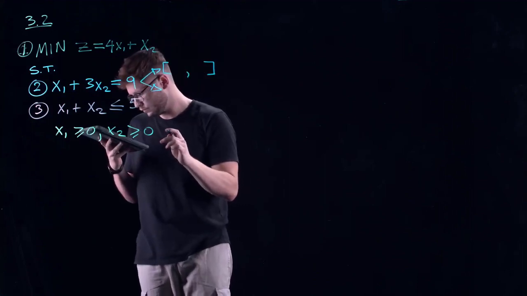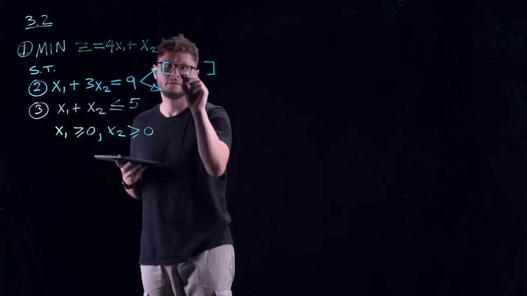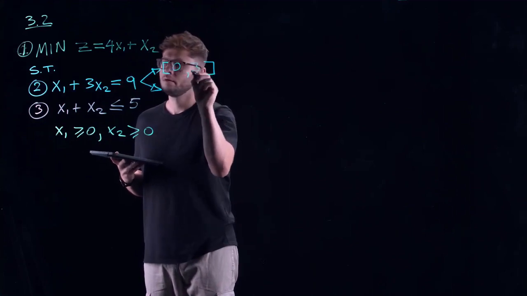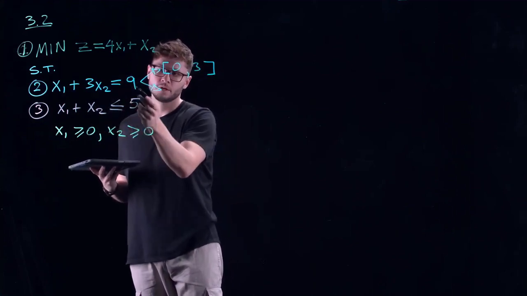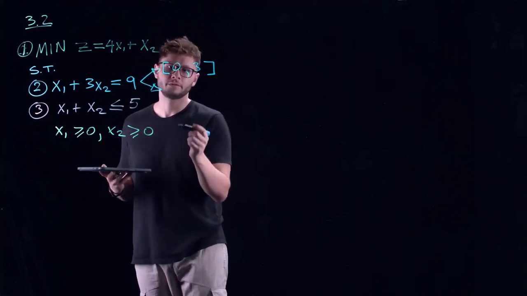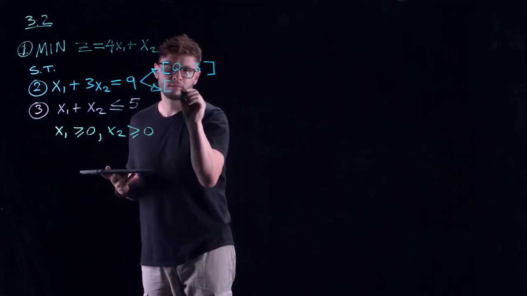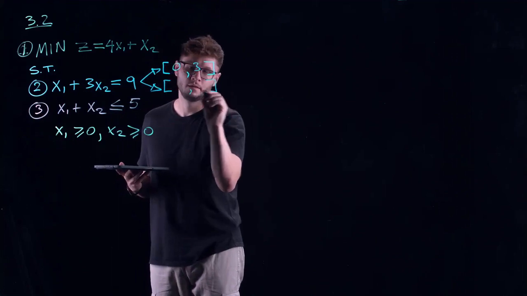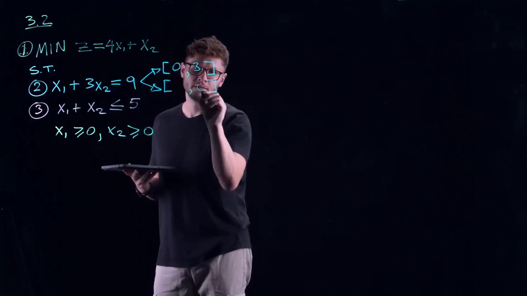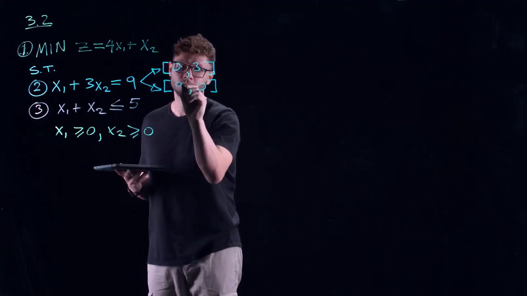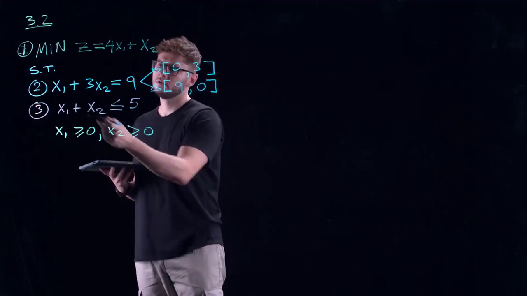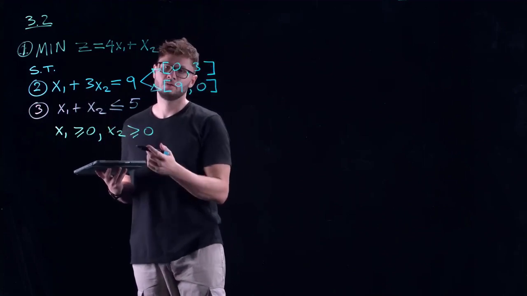The first point will be 0 and 3, because if x1 equals 0, then x2 is going to be 9 over 3, which equals 3. And the second point, if we replace x2 by 0, we're going to get that x1 equals 9. And those are our 2 points for our constraint function indexed 2.